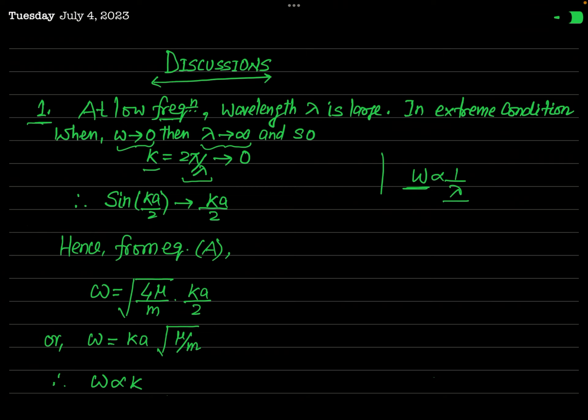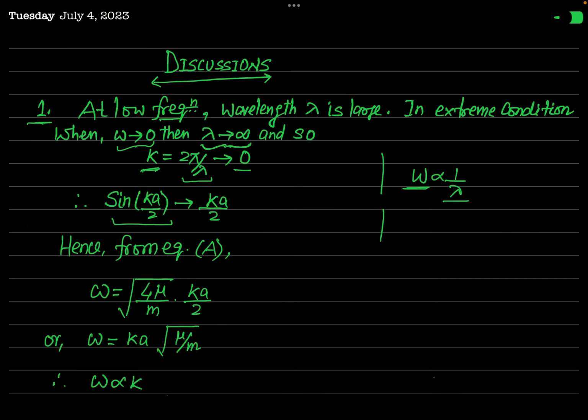As we have assumed in this extreme condition that the frequency of vibration is tending towards 0, and the wavelength lambda is tending towards infinity, then what will be the value of k? k will be 2 pi over lambda, but since lambda is infinity, in this limiting condition k will tend towards 0. And when k tends towards 0, what will happen to the value of sine ka over 2?